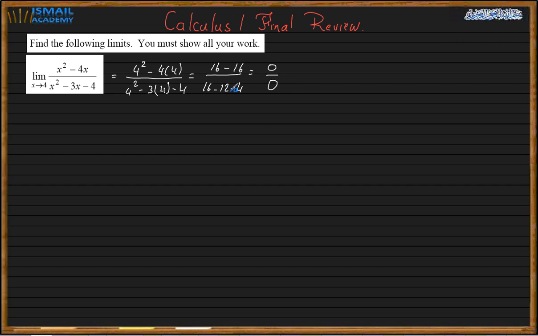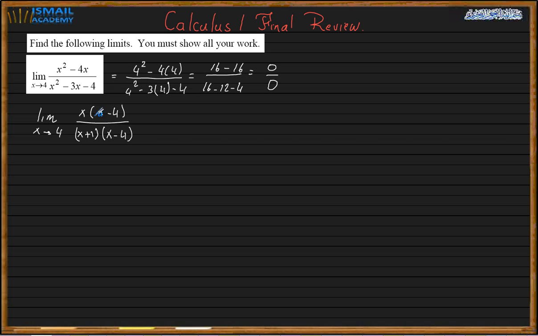When you see that you have 0 over 0, it means that you can factor the numerator and the denominator, and they have a common factor. So take the factor at the top: the limit when x goes to 4 of x times x minus 4, and I factor the denominator, so it's x plus 1 times x minus 4.